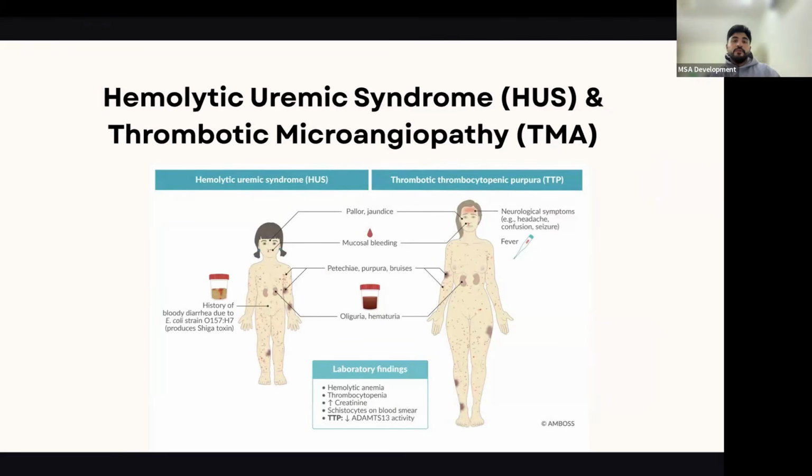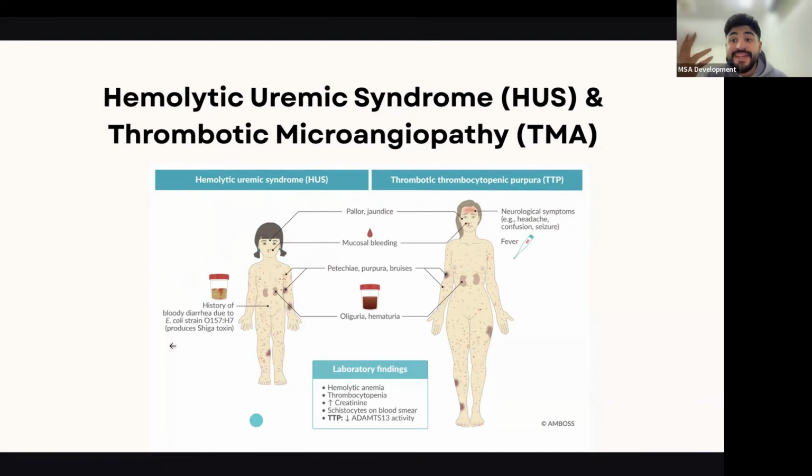All right. Now, moving on to hemolytic uremic syndrome and thrombotic thrombocytopenic purpura. So usually people get confused within these two diseases. Okay. Hemolytic uremic syndrome in general is more predominantly seen in children, all right?